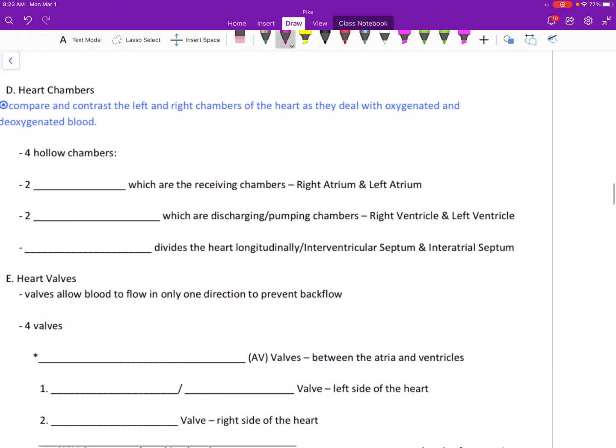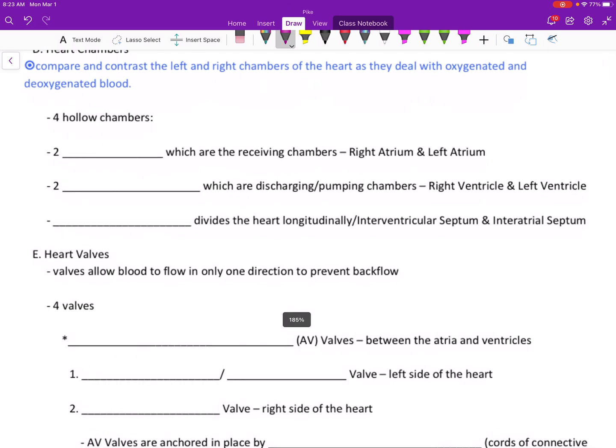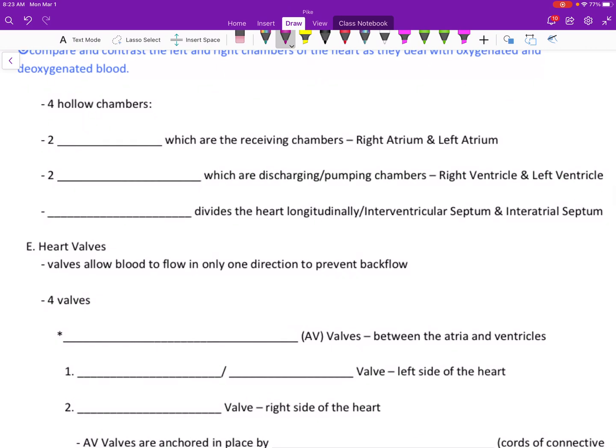All right, so let's move down here and get inside the heart. We're going to look at the heart chambers. We're going to compare and contrast the left and right as they deal with oxygenated and deoxygenated blood. The 2 superior chambers of the heart are the 2 atria, of which you have the right atrium and the left atrium.